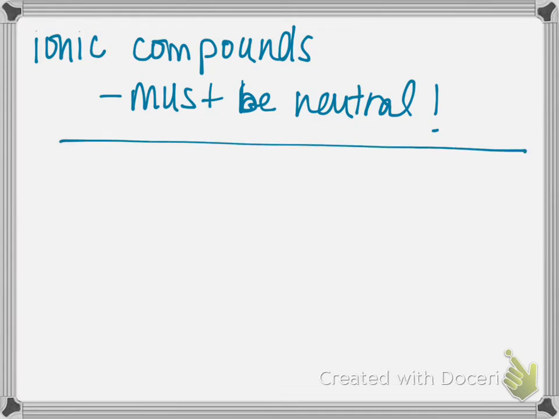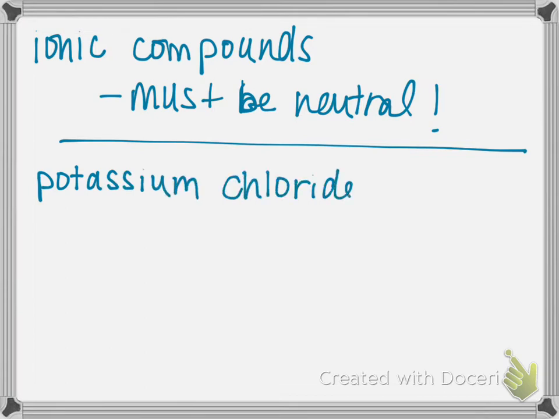If I wanted to build the formula for potassium chloride, let's review a couple things here. Potassium is the metal, it's the cation, it has to come first. Chloride is the nonmetal, which is the anion. It always has to go second.